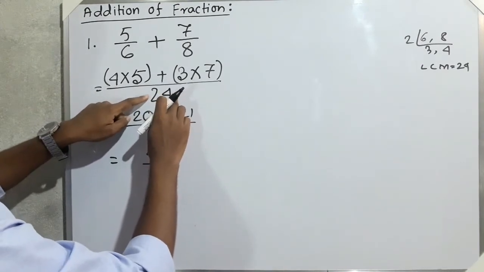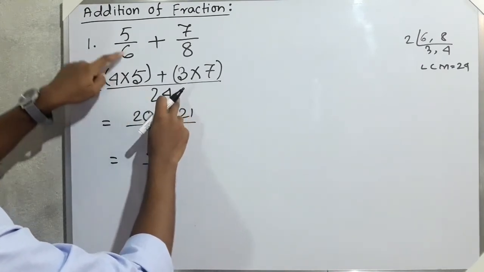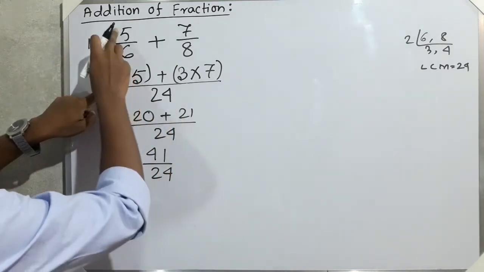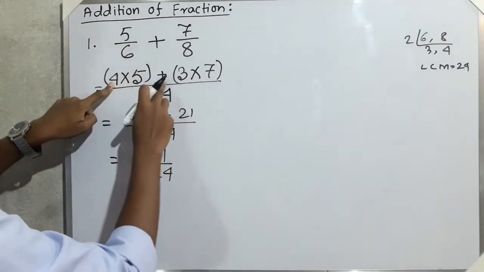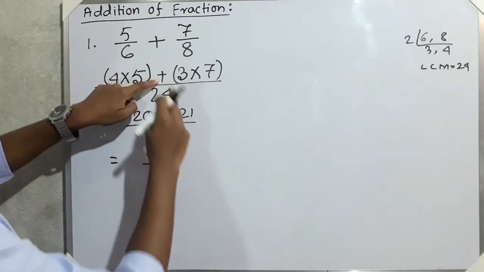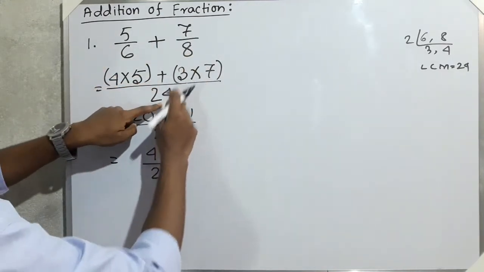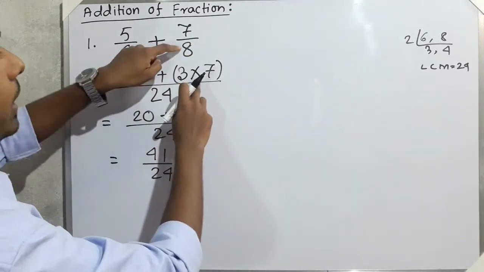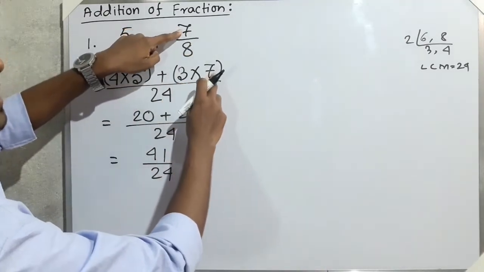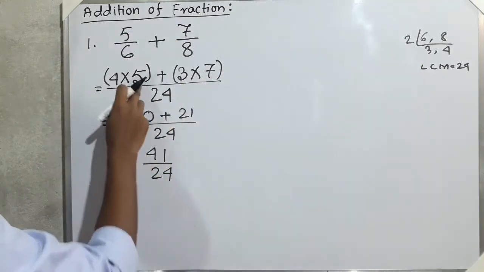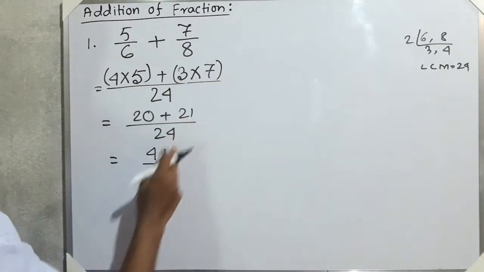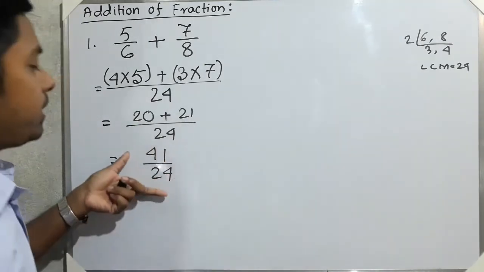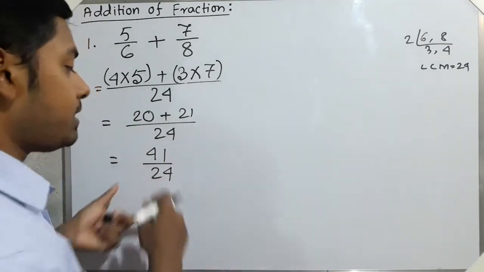Now divide this 24 by the first denominator, you get 4, and 4 into its numerator 5, plus, then 24 divided by 8 equals 3, then 3 into its numerator 7. So 4 5s are 20, 3 7s are 21, 21 plus 20 is 41, 41 by 24. If it can be cut, then you have to cut it, otherwise it is the answer.